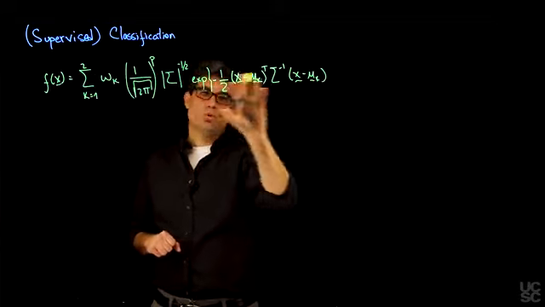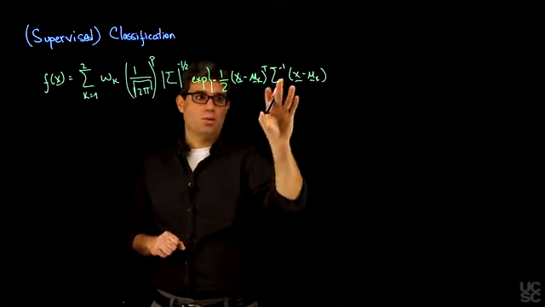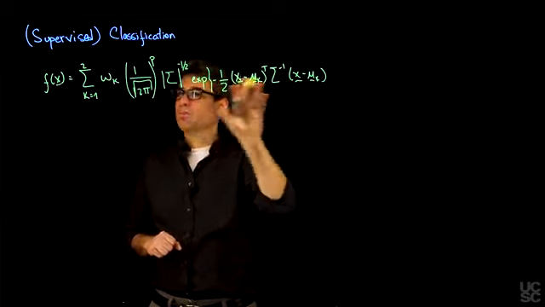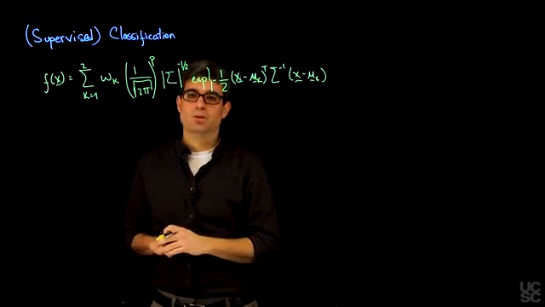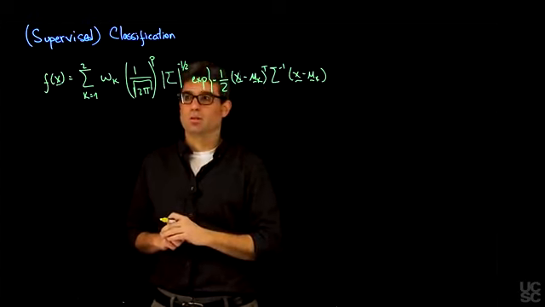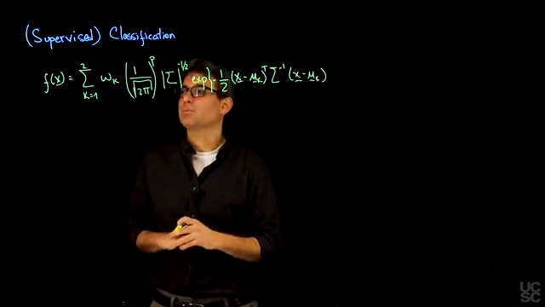So this is a two-component mixture with locations varying with the component, but the same variance covariance matrix for the two components that I have in the mixture.